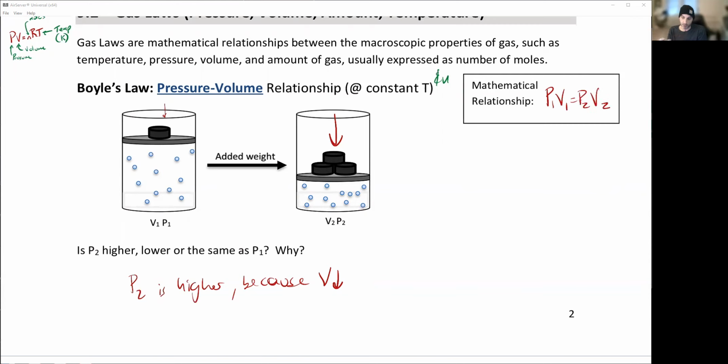As volume goes down, as we decrease volume, we're going to see an increase in pressure, okay? Or, to write it properly, volume is inversely proportional to pressure. Okay, so this is the important part here. P1 V1 equals P2 V2. So if the volume goes down, the pressure has to go up.